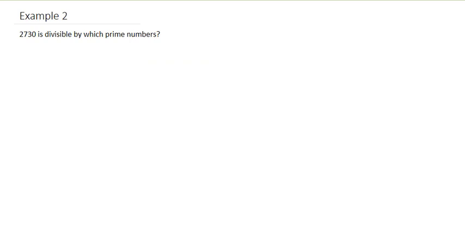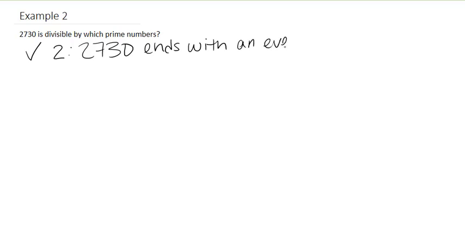Example 2. 2,730 is divisible by which prime numbers? So to answer this question, let's go over our divisibility tests. So we have 2. So this checks out because 2730 ends with an even number, which is the 0. 3.